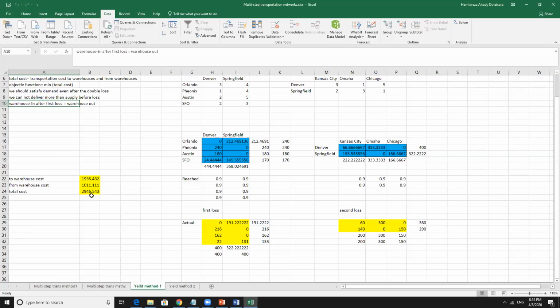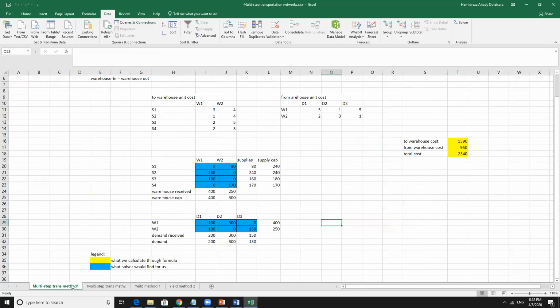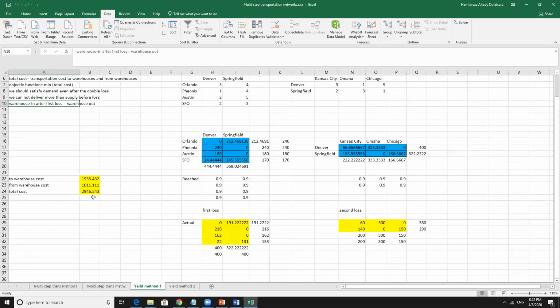So now my cost is 29.46, which is a significant increase in the cost. Before, without loss, my cost was 23.40. After considering the loss, it is 29.46.